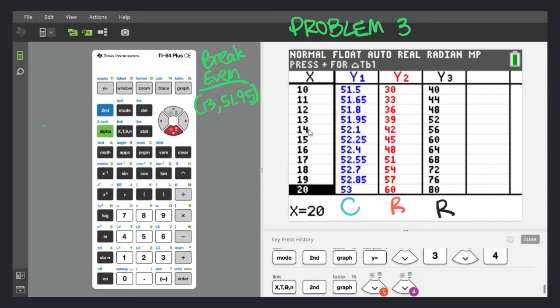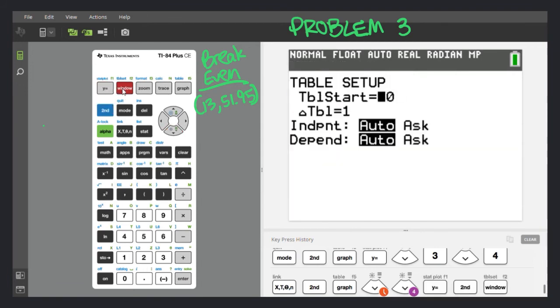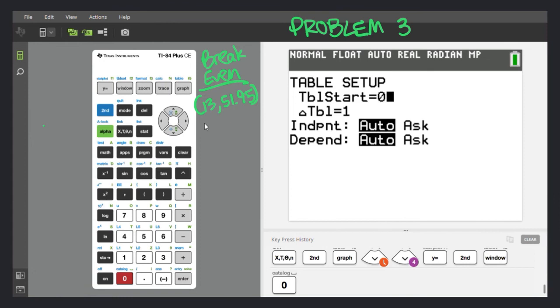Whether that's the case or not, I want to show you this feature, second window. And you could set a table start. So I could put 0 where I want the table to start, and I want my delta table to be 0.5 instead. Or maybe I'm just going to choose between either 10 washes or 20 washes or 30 washes and so on.